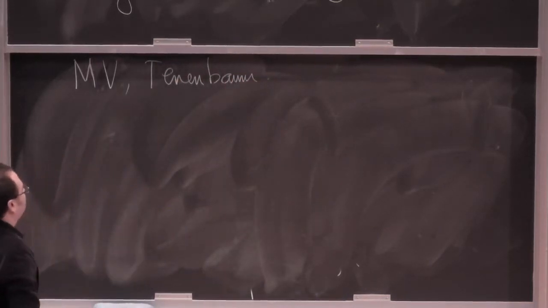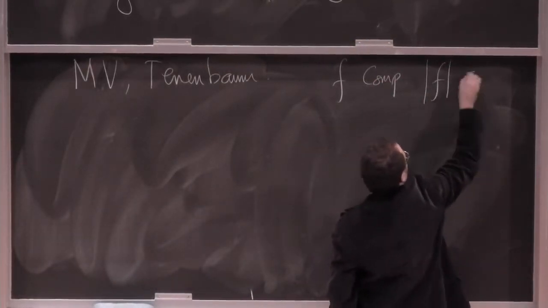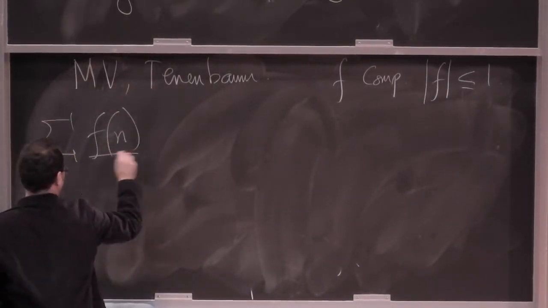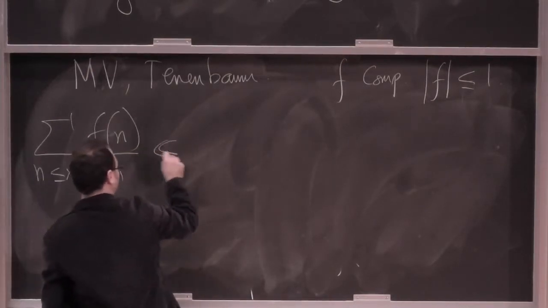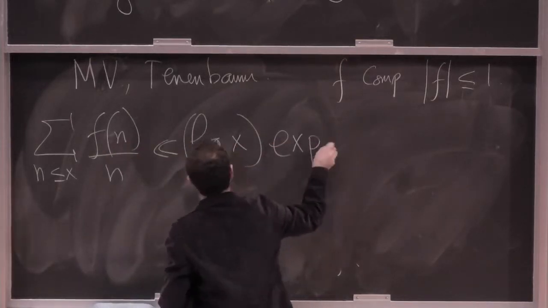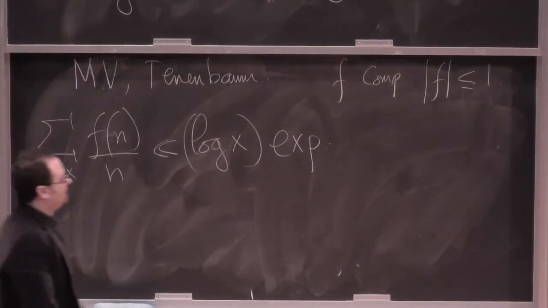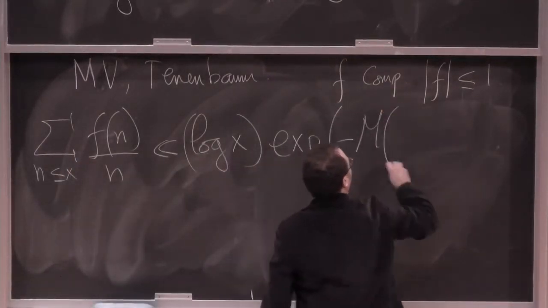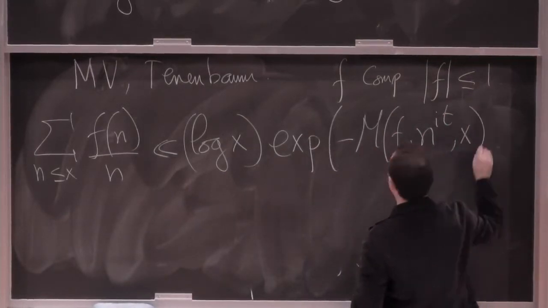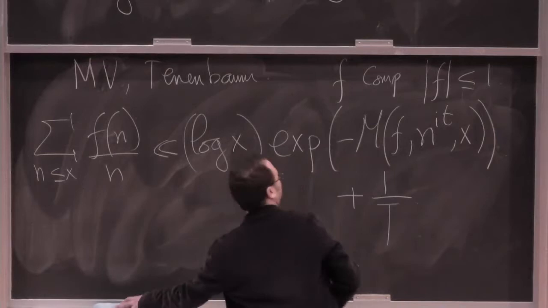And what this tells you is that if you take f to be any completely multiplicative function with values in the unit disk, then you can bound the summatory or logarithmic summatory function of it by something close to the distance, but actually something that measures not only the distance from f to 1, which is the analog of the case here, chi psi bar to 1, but actually f to any function of the form n to the it. And you have a 1 over T here. Oh, sorry.